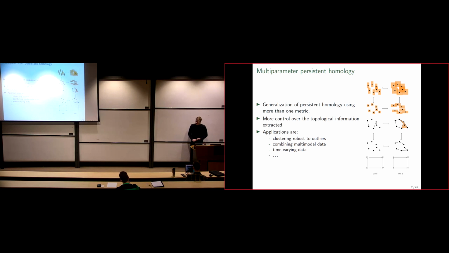So, for instance, you can extract topological features which are robust to outliers in your dataset. This is one weakness of usual persistent homology, that it's sensitive to outliers. And you can handle other types of data. You can handle multi-modal data and time-varying data, which you also cannot handle with usual persistent homology.